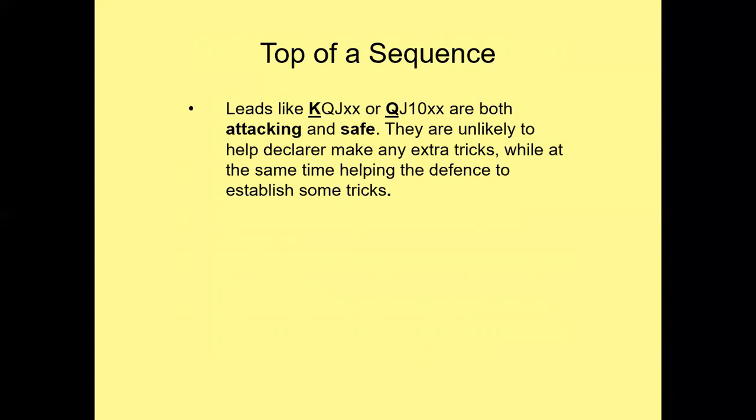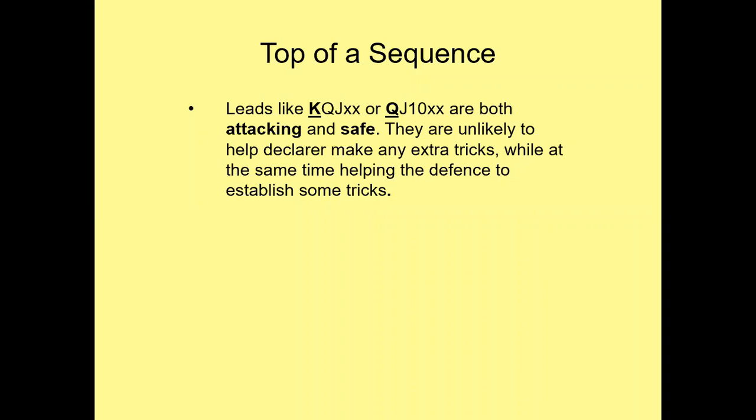So these kinds of leads, top of a sequence, are very often chosen in all forms, regardless of the bidding, because they will set up tricks for your side and they are also safe and won't give declarer an extra trick.